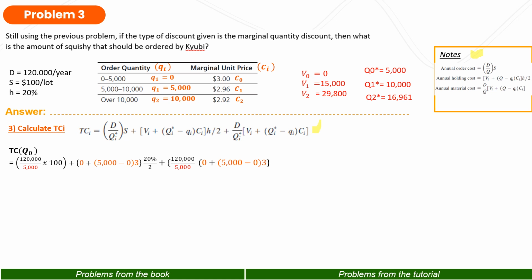The annual demand, that is 120,000, divided by the Q star.